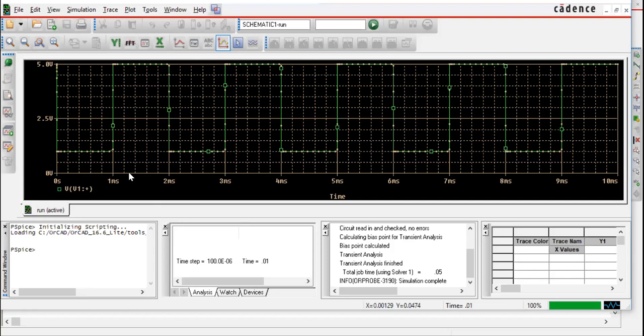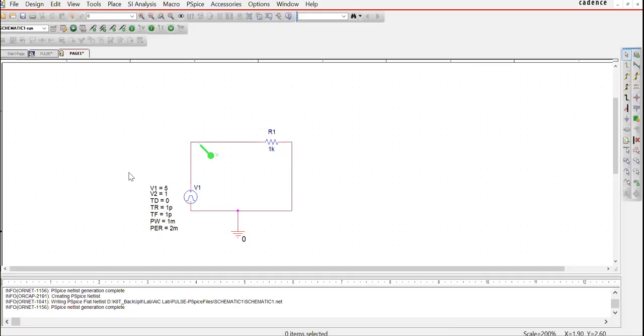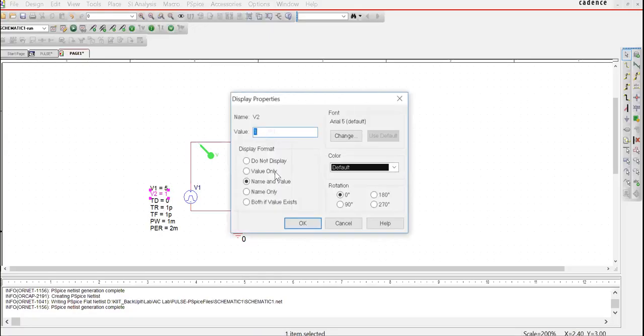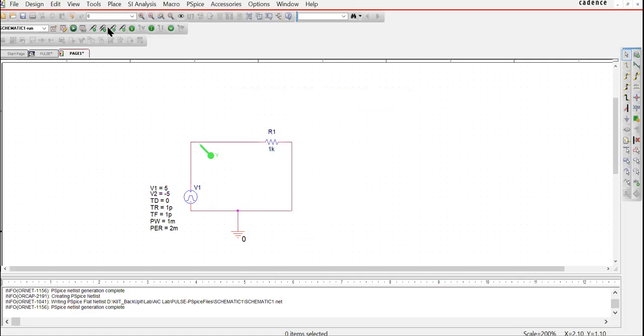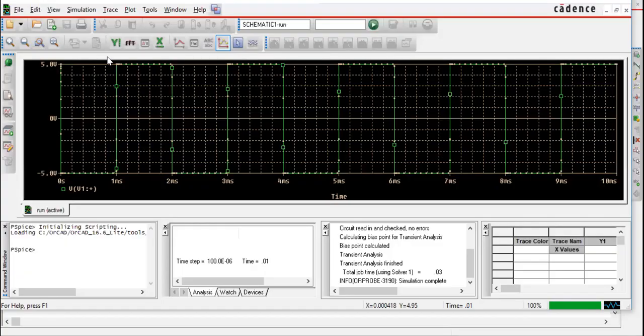Oh, sorry, that's the problem. We were making both 5 and 5, so obviously we will not get anything. So we have to show negative, that means minus 5 we have to represent here. So now we'll make it minus 5, and right now we are getting 5 volt and minus 5 volt.